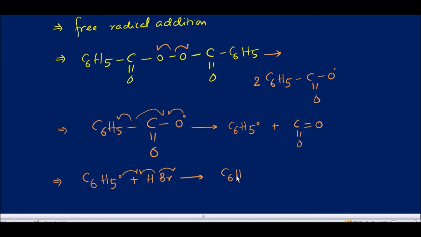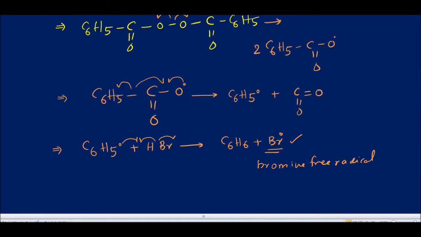That results in the formation of benzene, and a bromine free radical is formed. This free radical should be added to the asymmetric alkene, and since it is generated with the help of peroxide, it is called the peroxide effect.